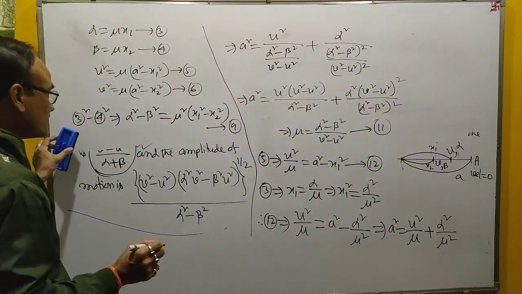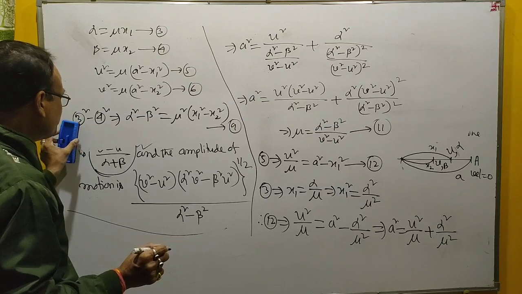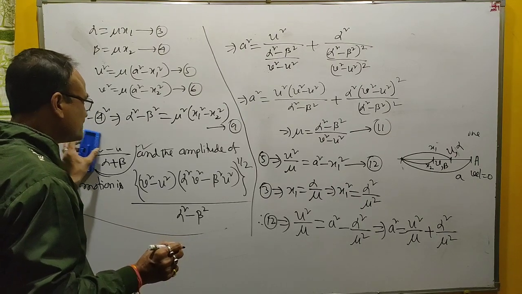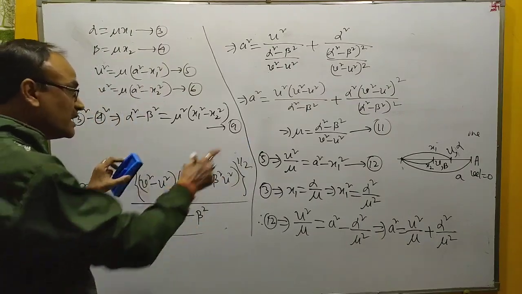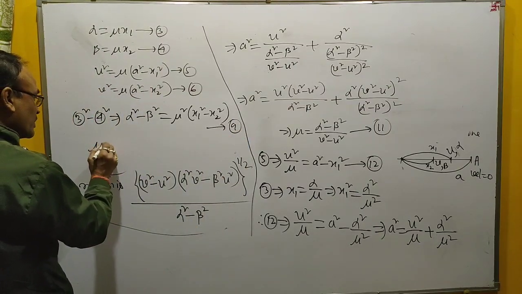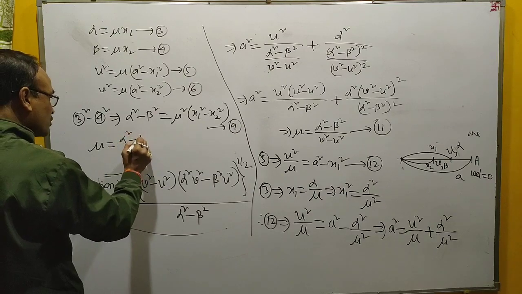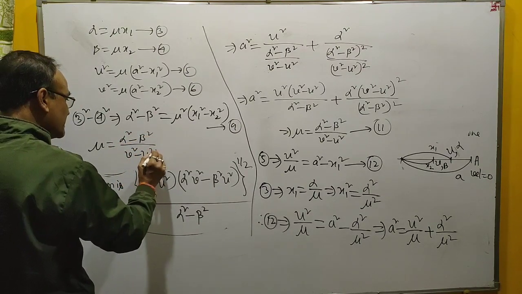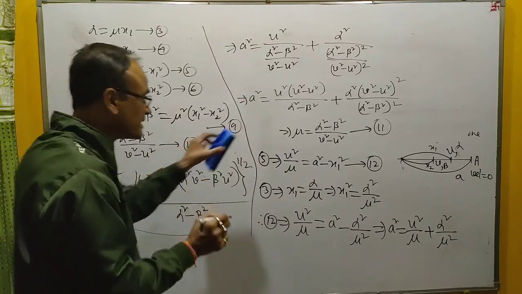Now let me write the equation. Here, mu equal to alpha square minus beta square divided by v square minus u square. This is 11.